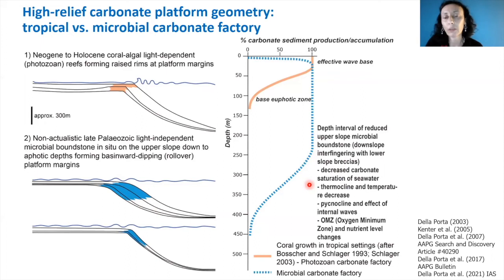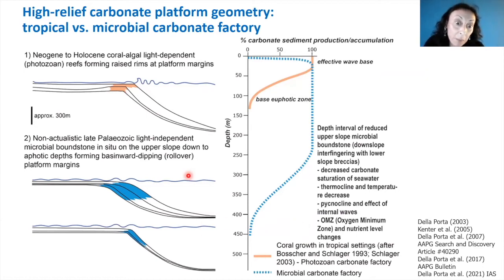Actually, we do not know. We have seen in the various case studies, it varies from 150 to 350 meters. It might depend on decreasing saturation state of seawater or nutrient level, the depth of the pycnocline or oxygen minimum zone. This still has to be investigated.